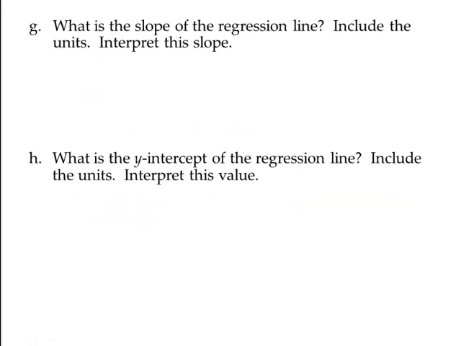Include the units. Interpret the slope. If you recall, the slope is the change in y over the change in x. So in this example, the change in y would be 0.125. We got that from the equation, and that's over 1 unit of the x. So the change in x is 1 unit, which the units in this case is 1,000 motorboats.